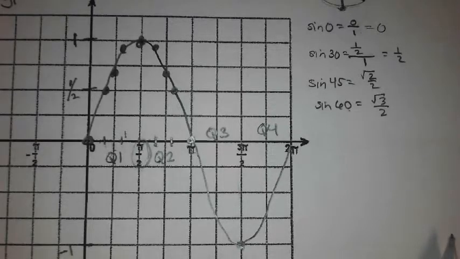You know cosine is positive in the first quadrant, so we're above the x-axis. It's negative in the second quadrant and in the third quadrant, so it's below the x-axis in the second and the third. And then when you get to your fourth quadrant, it's positive again. Yes?